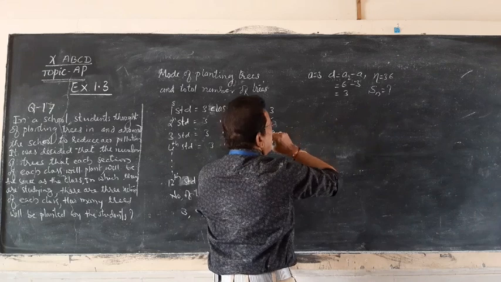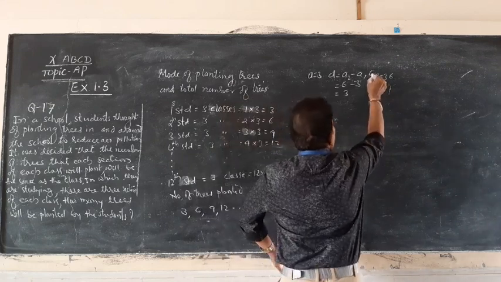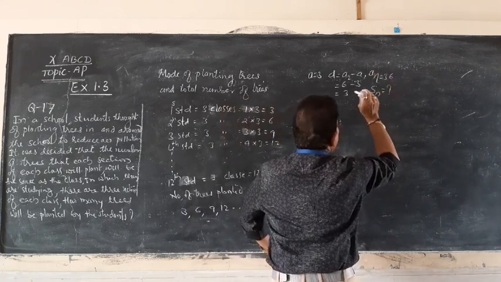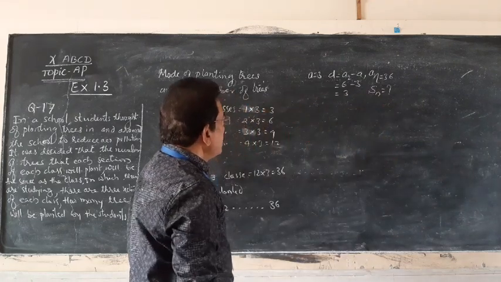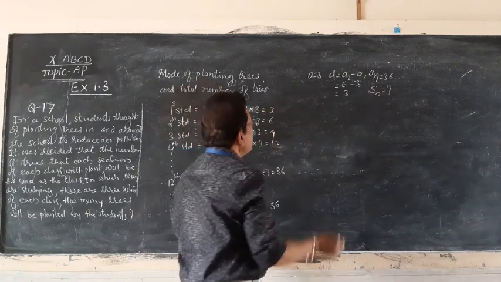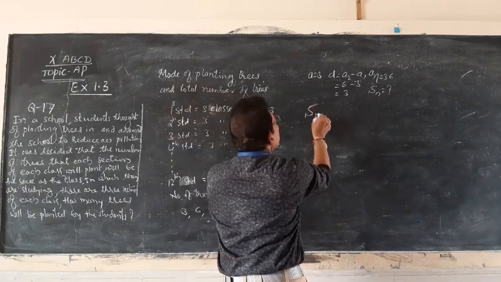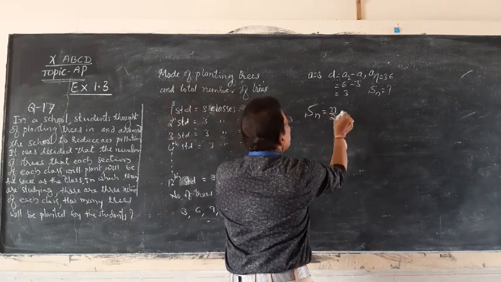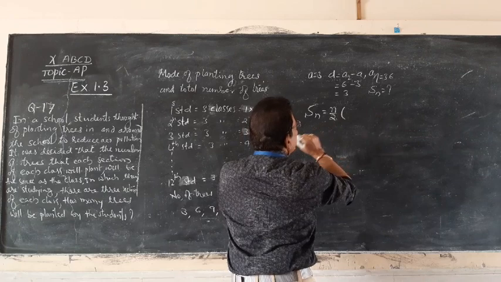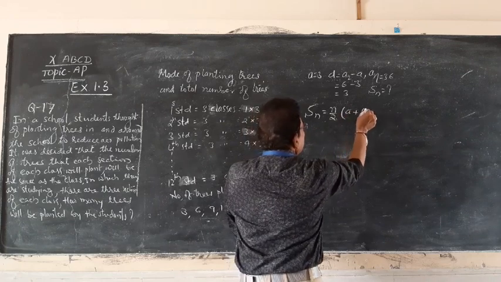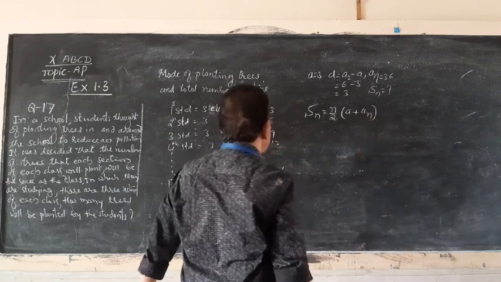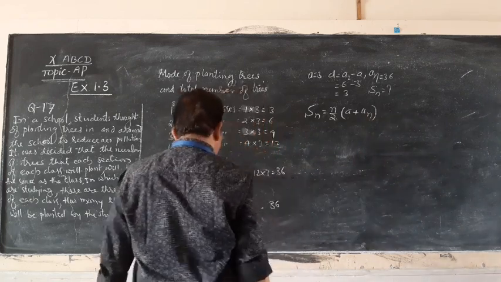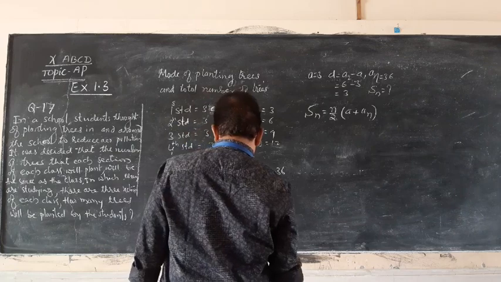An they have given, an equals 36. Sn equals n by 2 in the bracket a plus an.